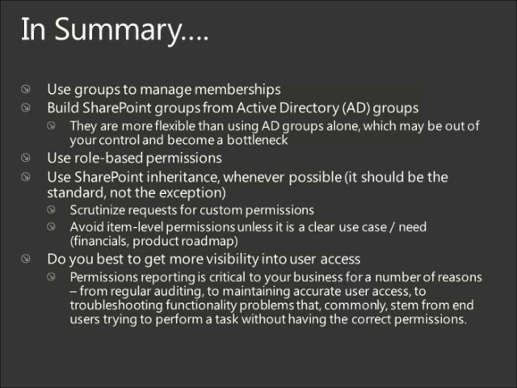Or maybe it's your product roadmap, and people from your sales organization might have access into the product management team site, but you don't want to give the salespeople access to that product roadmap detail, because the last thing you want to do is give too much information about the future roadmap to the salespeople, because salespeople like to go out and sell the latest, greatest, and then they're not selling so much of the current product.